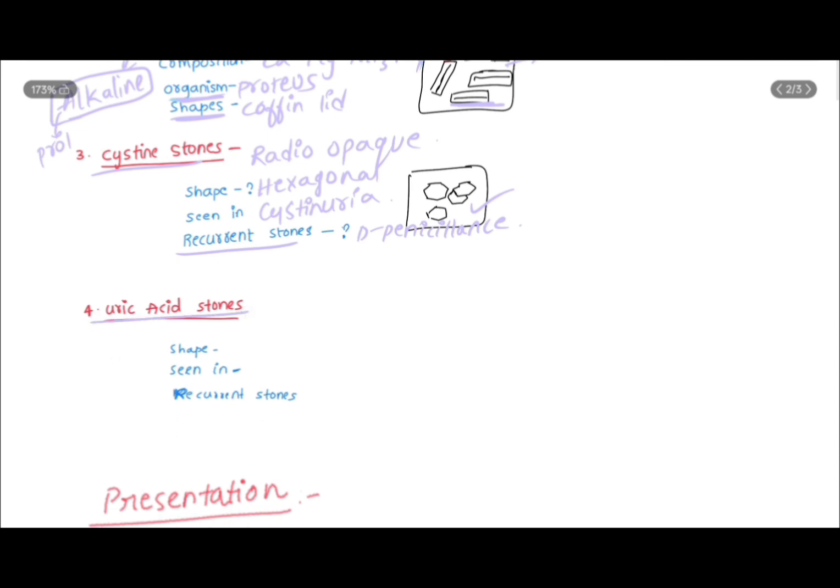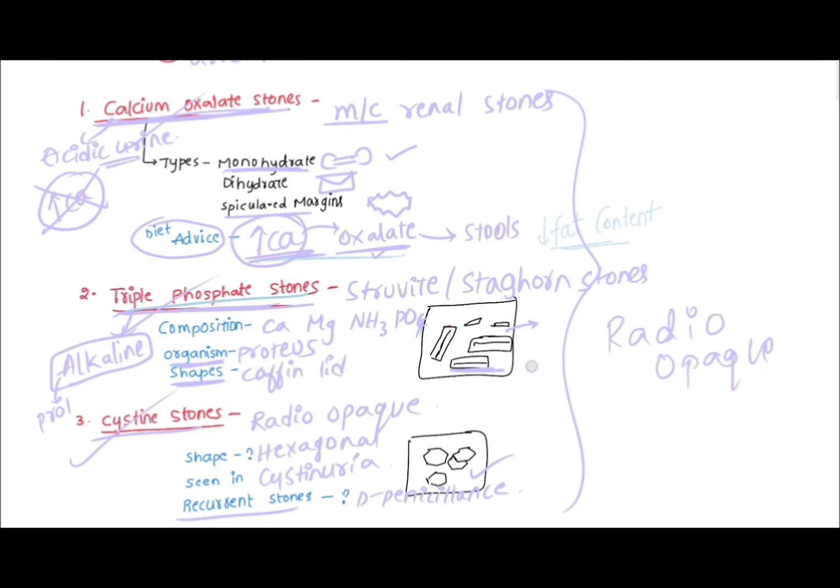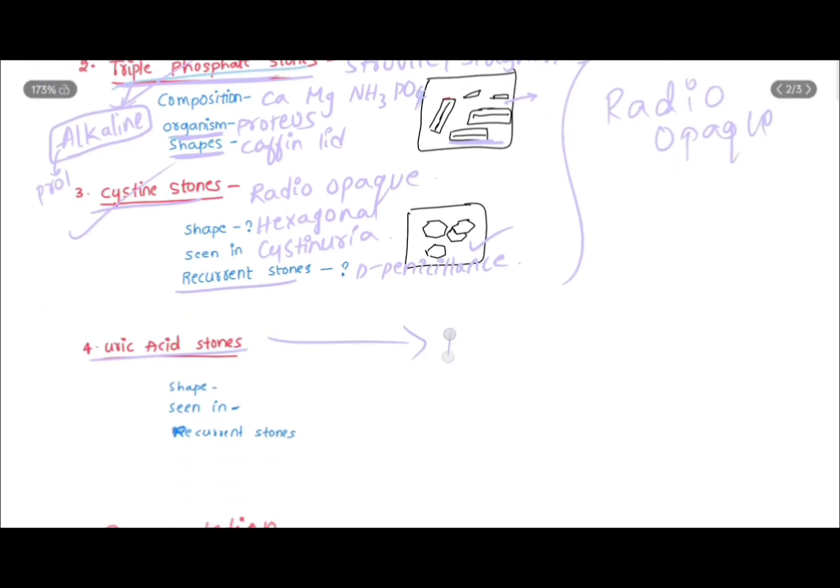And next one is uric acid. All these stones, calcium oxalate, triple phosphate, and cystine stones, are radio opaque, right? But uric acid is radiolucent. It is one of the most differentiating points about uric acid.